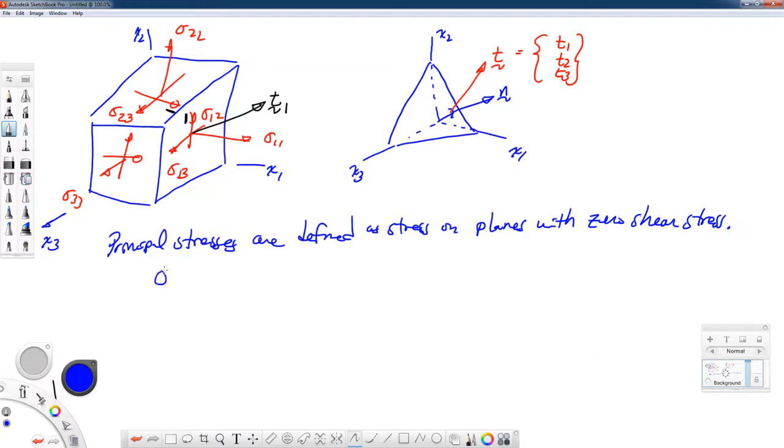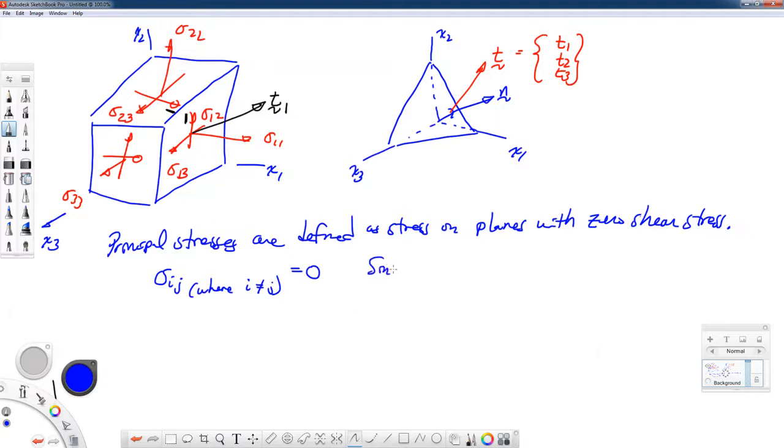In other words, for sigma ij, where i is not equal to j, those components will be equal to 0. We'll show that this is an eigenvalue problem, but one way to think of this is if you take your fingers and put them into a triad. If you rotate that triad and rotate this cube in such a way that these shearing terms vanish, then you will have a principal stress state.